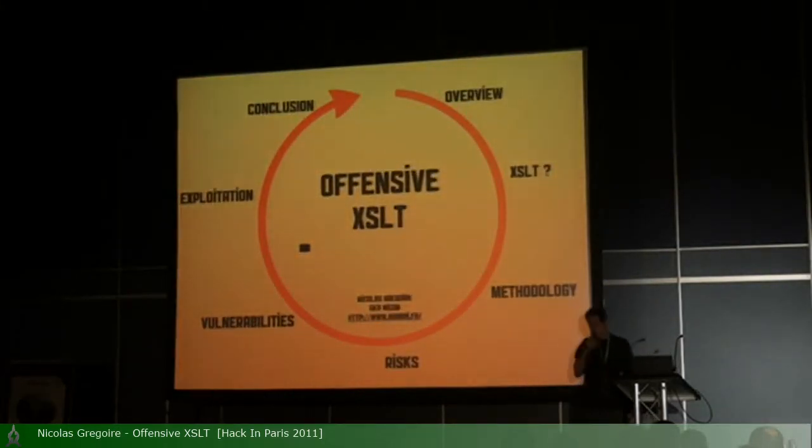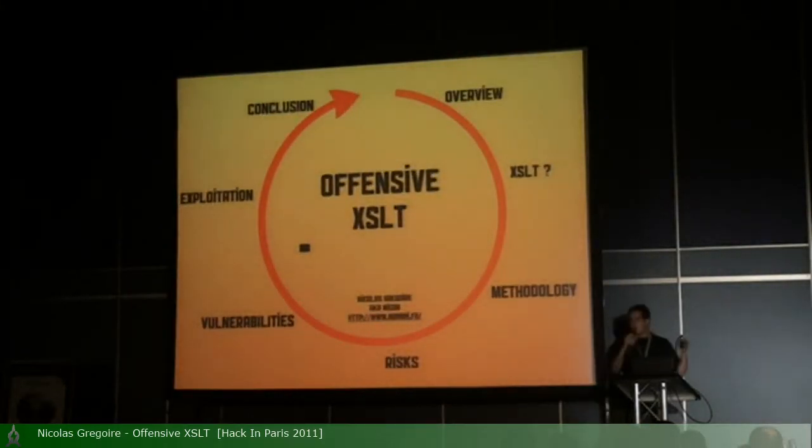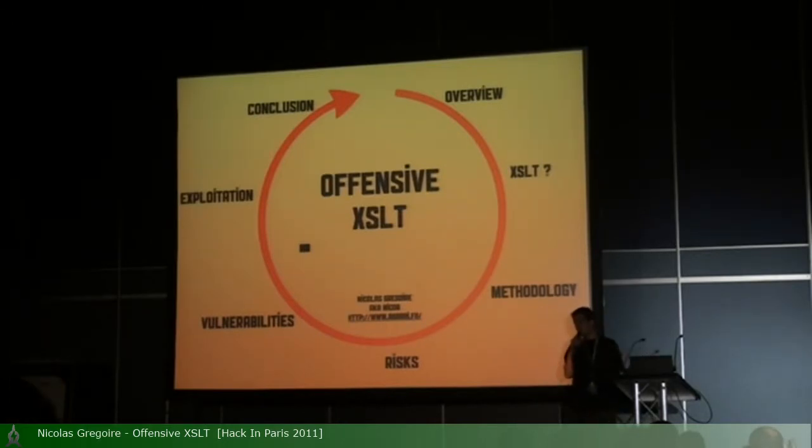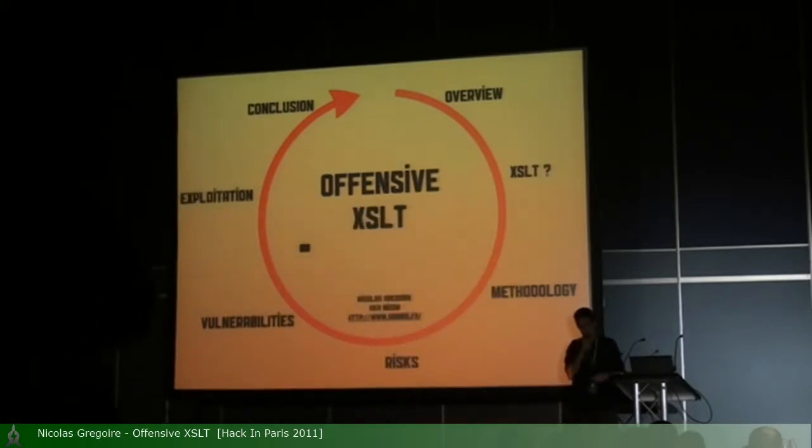So the plan. I will first give an overview of the research. What is it? What is the goal? What problem are we trying to resolve? Then I will describe XSLT. What is XSLT? In which case do we use it?